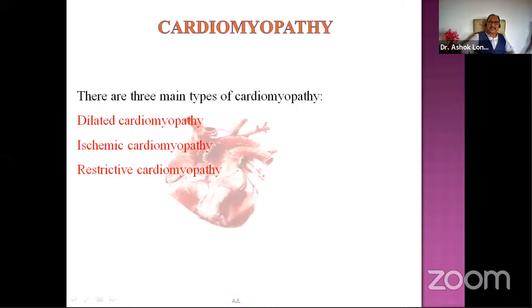So what is meant by dilated cardiomyopathy? Here you may get some storage within the heart walls, maybe like amyloid, which I will discuss, or iron, or metabolites.